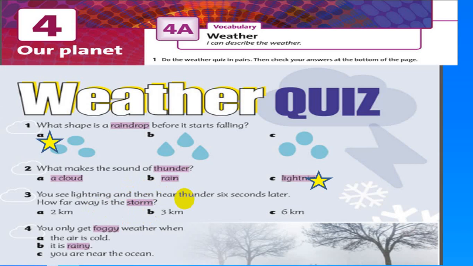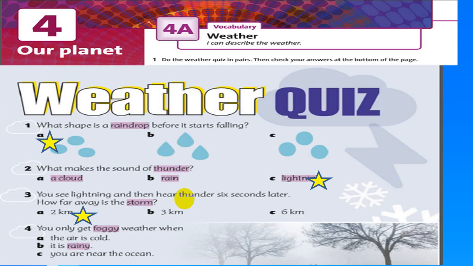The answer is yes, 2 kilometers. After seeing the lightning and hearing the thunder 6 seconds later, this means that the storm is 2 kilometers away.